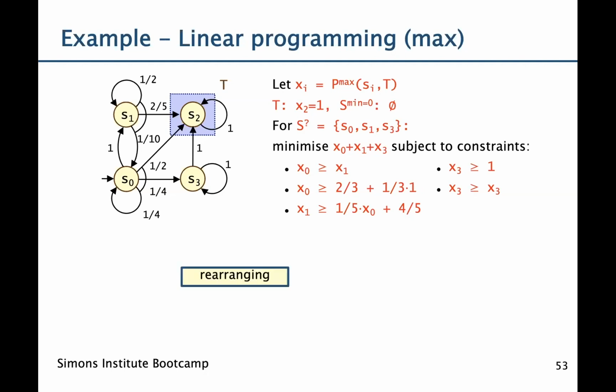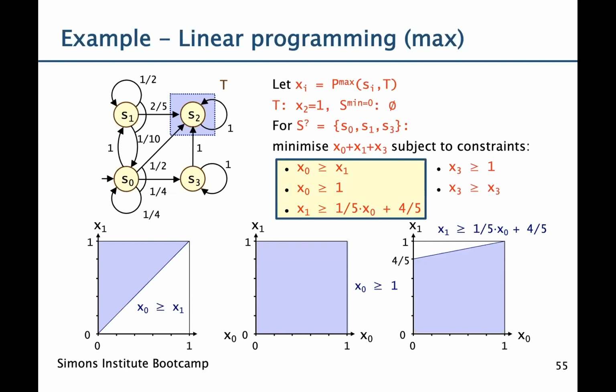So if we rearrange these, then we can simplify it to get these equations here. If we first just look at x0 and x1, the first equation corresponds to this white area here. Here we want x0 to be greater than or equal to 1, so none of this area is included, and this is the final case here.